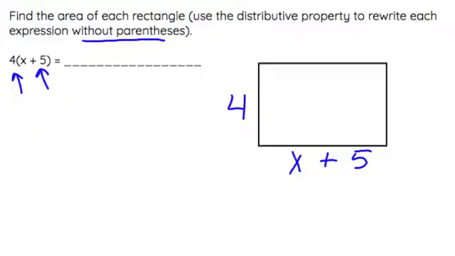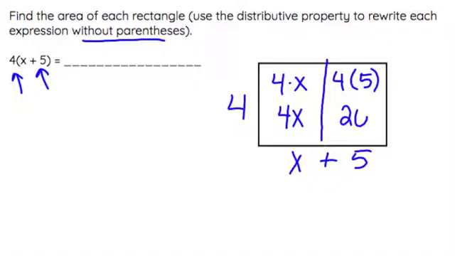When I see my plus sign, I'm going to draw a line dividing up the inside of that rectangle. Now I can find the area of the 2 parts inside the rectangle. The rectangle on the left, I would do 4 times x, or 4x. The rectangle on the right, I would do 4 times 5, which is just 20.